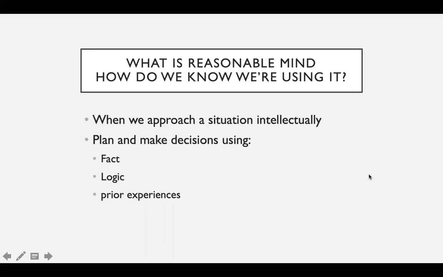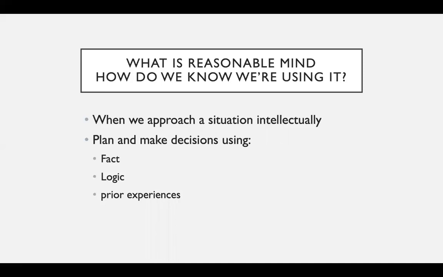What's reasonable mind? How do we know when we're using it? Anytime that we are approaching a situation intellectually, we're not necessarily fully in reasonable mind. Reasonable mind is the extreme, where it's this intellectualization, fact, logic, to the exclusion of emotion completely.